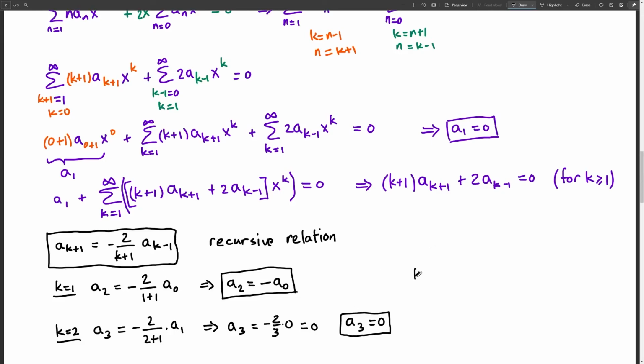So now we can do a couple more values. k equals 3 will tell us what a4 is. So a4 equals negative 2 over 3 plus 1. So that's negative 1/2 times a2. And we know that a2 is negative a0, so we can actually say that a4 equals 1/2 a0.